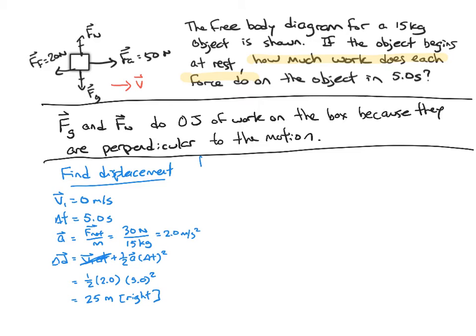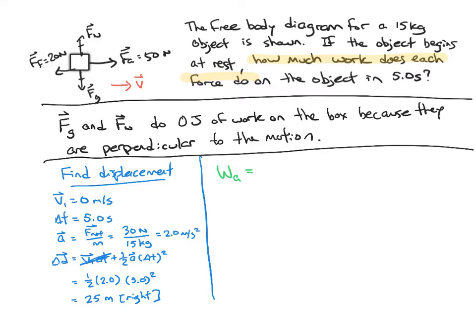Okay, so now that I know the displacement, I can go on and figure out the work done by the applied force and by friction. I'm just going to write W sub A to stand for the work done by the applied force.